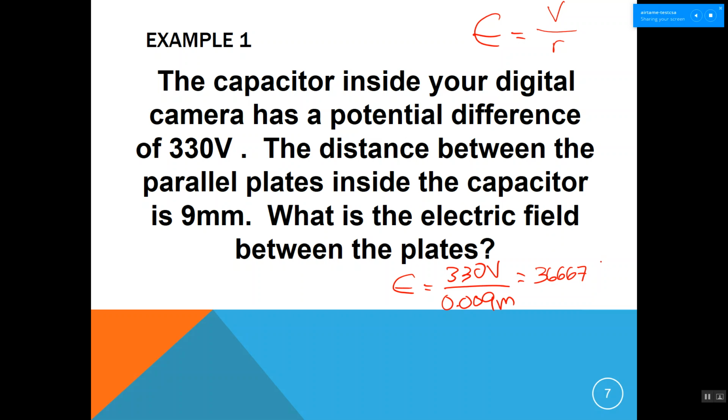How do we know our units for electric field? Someone else? What's our unit for electric field that we learned last class? Newtons per coulomb. Okay? Same unit.